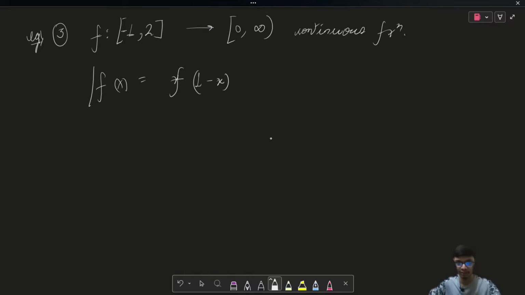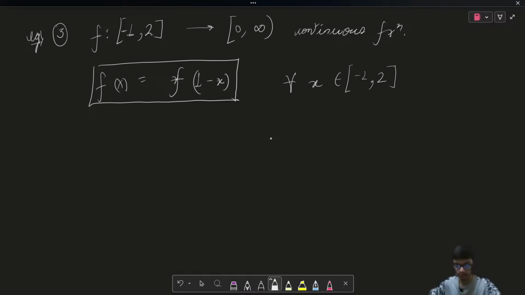That basically means it is symmetric about the line x equals half, right? And it is true for all values of x lying between -1 to 2.